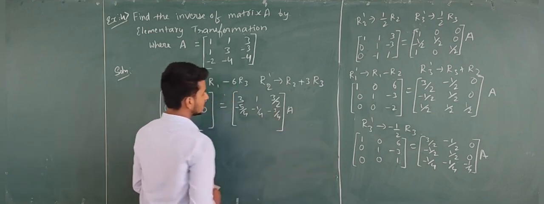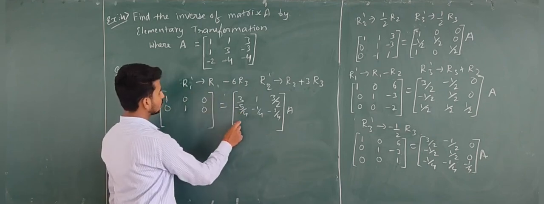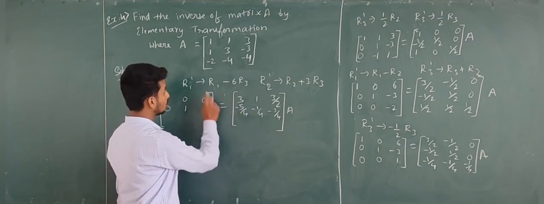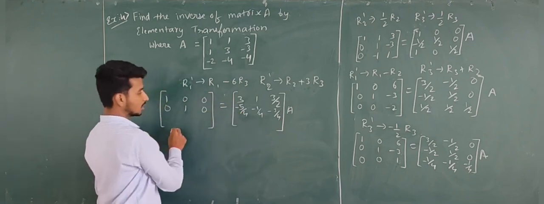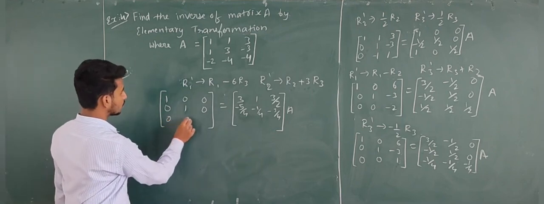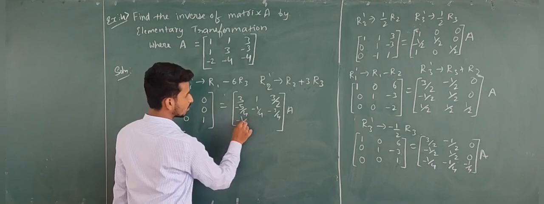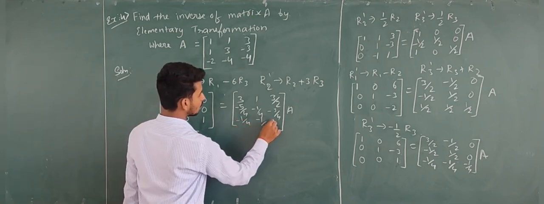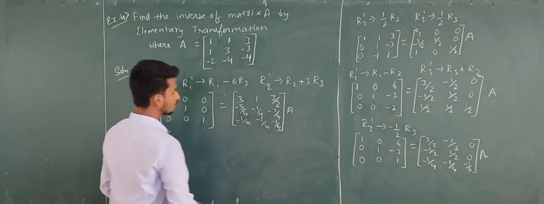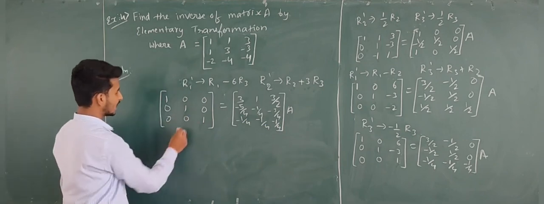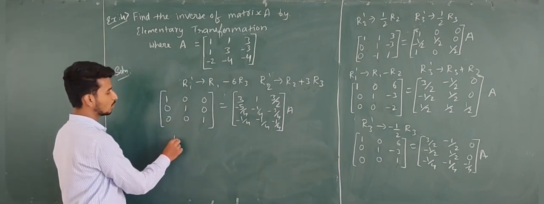Next, the third row we can write as it is: 0, 0, 1, minus 1 by 4, minus 1 by 4, minus 1 by 4. So this is the identity matrix, its value will be 1.